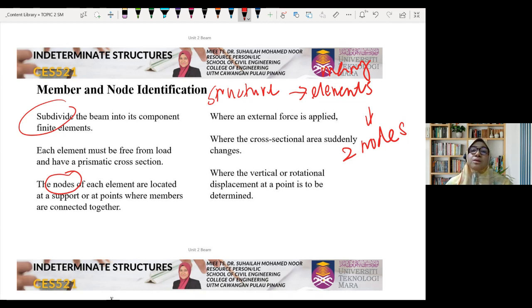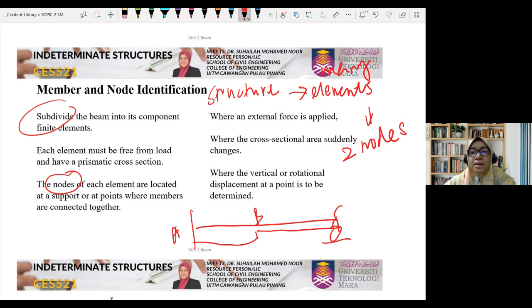Or where the cross-sectional area suddenly changes. For example, if one beam has points A, B, C, the first part from A to B is 3EI, but from B to C we have 2EI. That is what the statement means: we cannot assume that AC is one element.